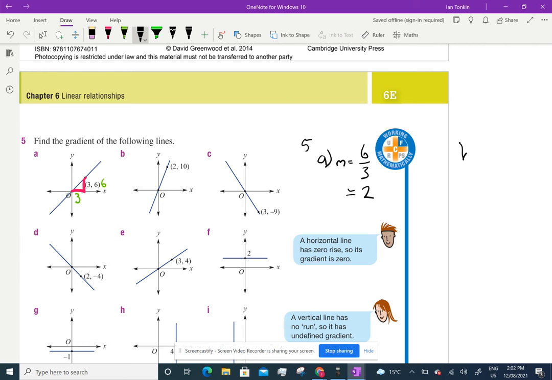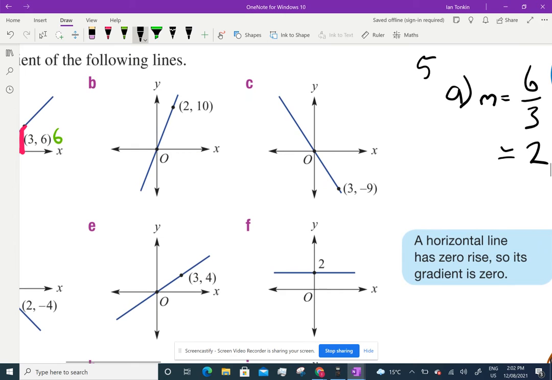Let's do 5b. Again, you've got to draw a triangle. This number, how far across? 2. This number, how far up? 10.